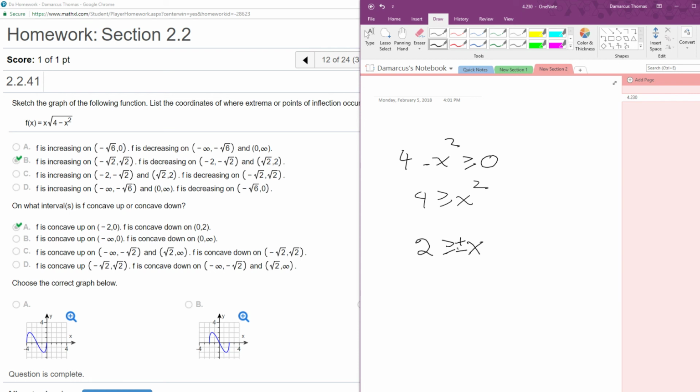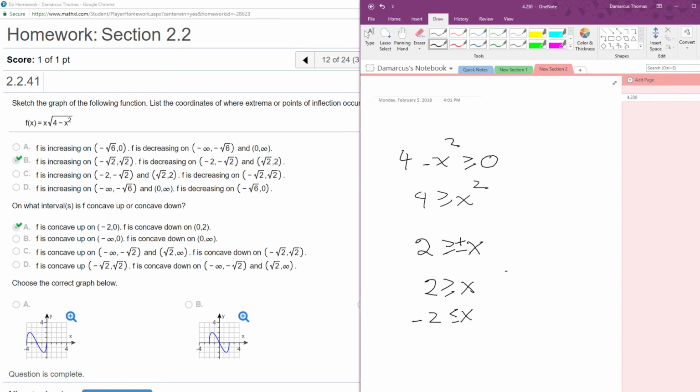So before you move it over, it's the absolute value of x is less than or equal to 2. But you're going to have two answers. One answer is x is less than or equal to 2, and the other answer is, switch the sign and move the negative sign over.